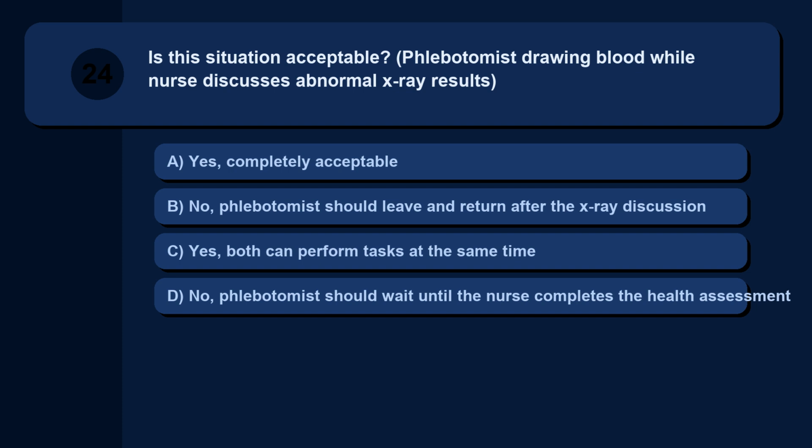No, phlebotomist should wait until the nurse completes the health assessment. Patient care should be structured to prevent confusion and interruptions. The phlebotomist should wait until the nurse finishes the assessment before proceeding with specimen collection to maintain a calm, focused environment.